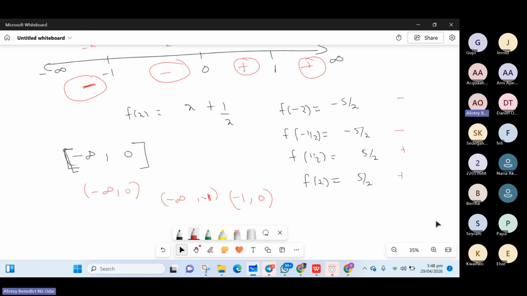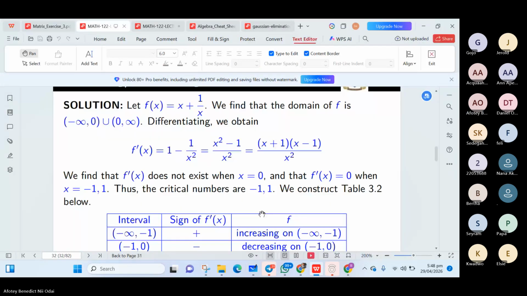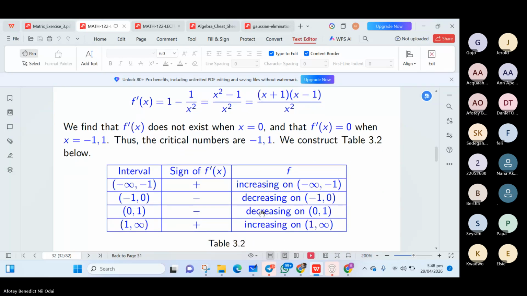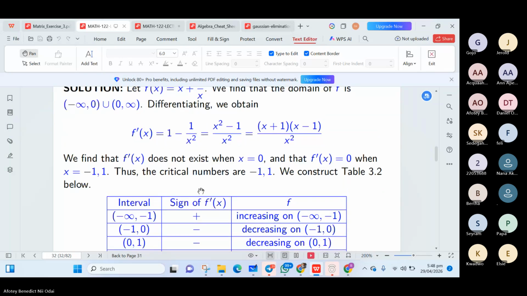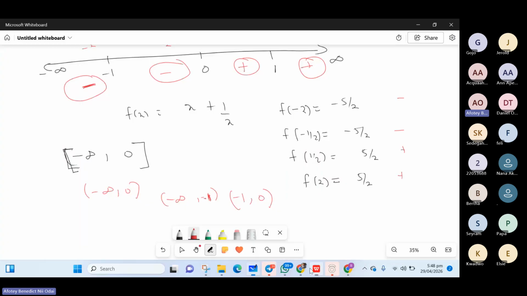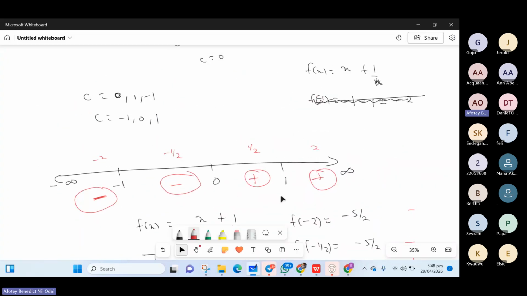Let's see what is solved, and let's see if they have something similar to what we did. Okay. So they had -1 and 1 for the critical numbers. What did we get for our critical numbers? We had 0, 1, and -1.